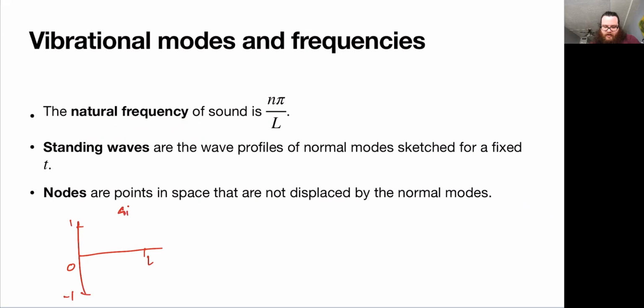If we just look at sine of n pi over L x with n equals 1, what is that going to look like? Just this expression right here is going to look like that.